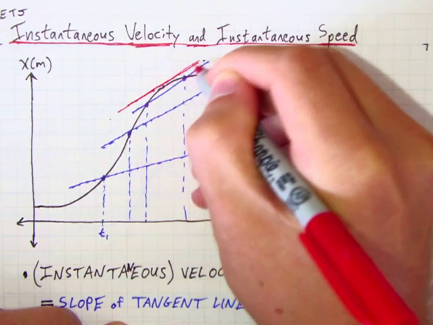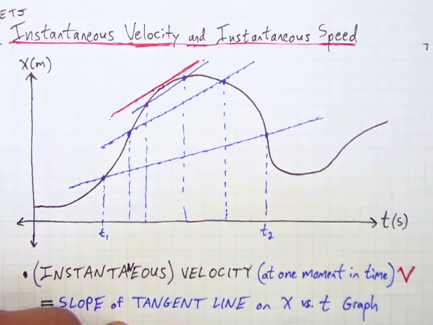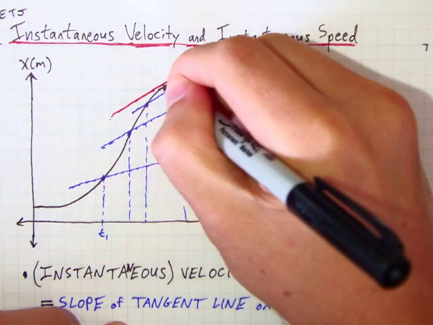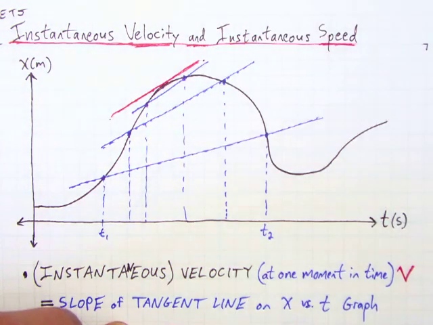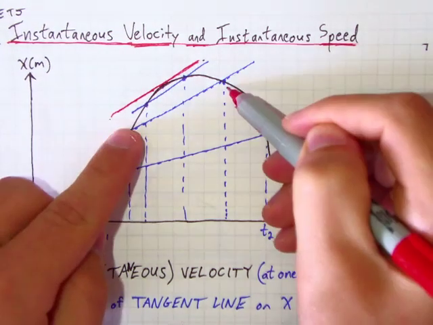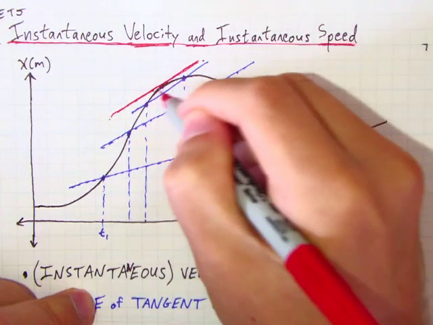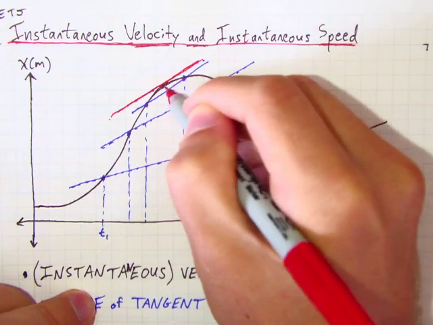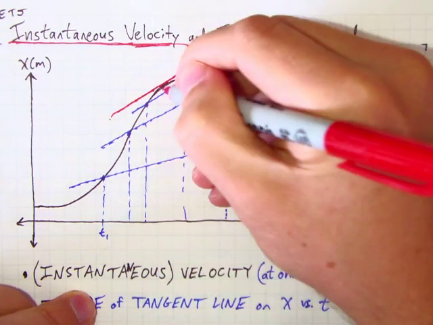I want my line to just barely touch the graph right there. There we go. As these 2 events get closer and closer together, they approach a single event, and we can draw in this tangent line, a line that just touches the graph at that one moment.